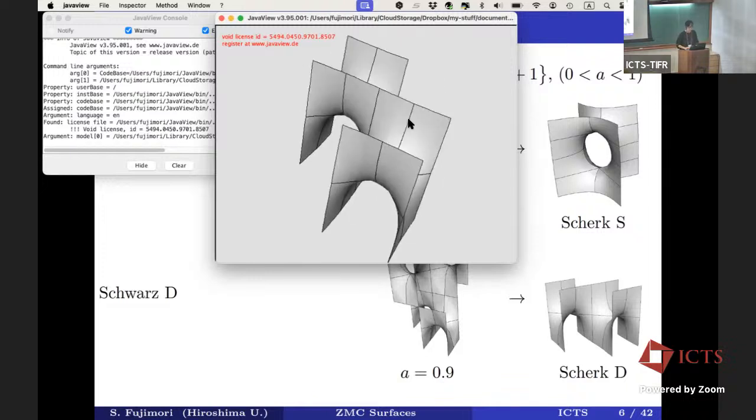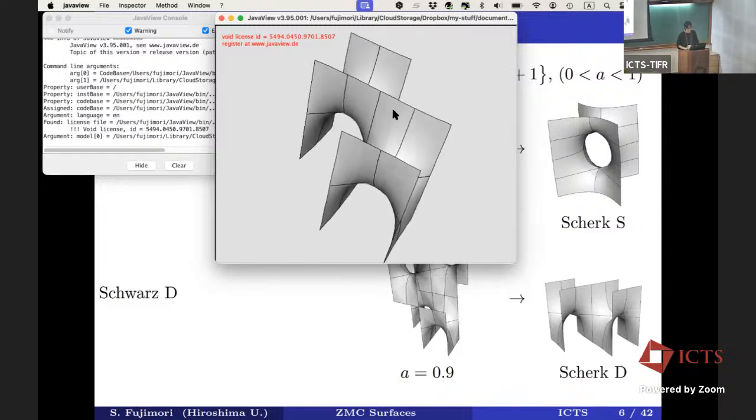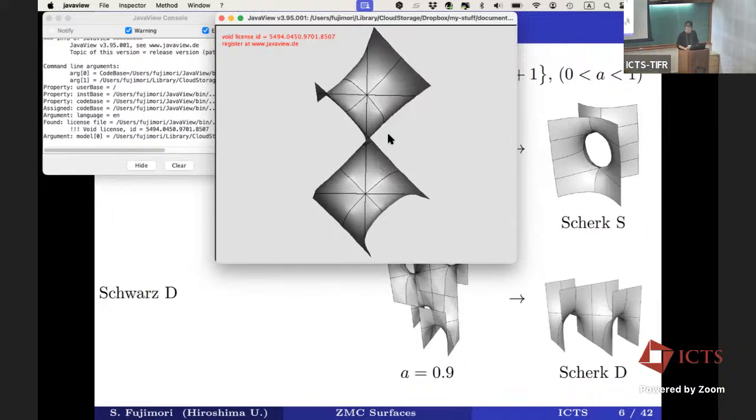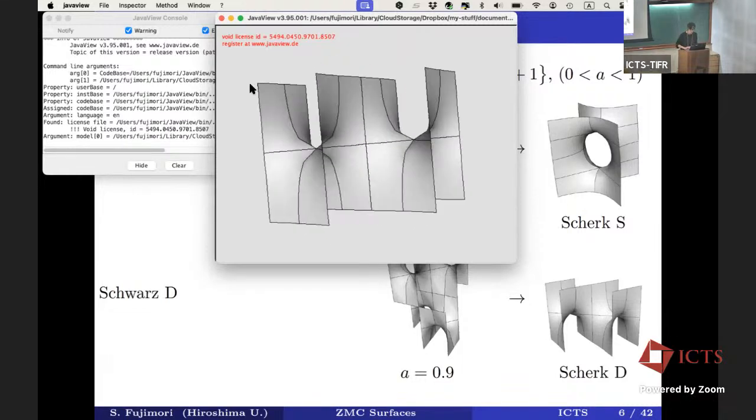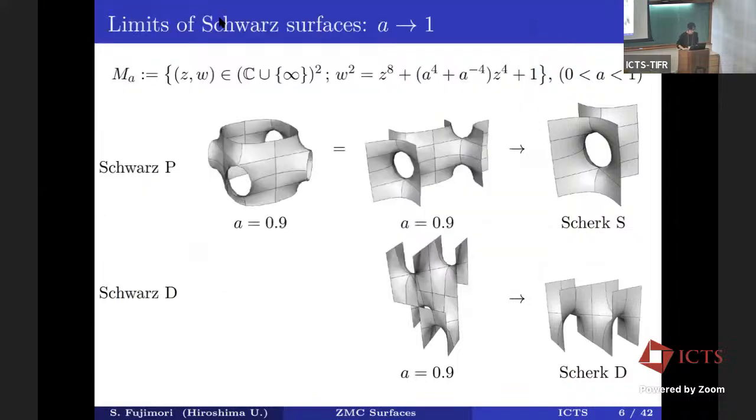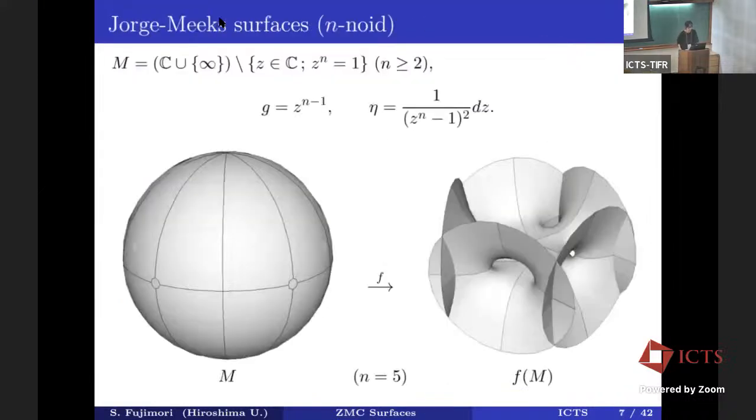Then the surface extends analytically. So we have a doubly periodic surface in the horizontal direction. But this is the end of the surface, so this can go to infinity. The bottom also ends. So we have top ends and bottom ends, and the surface is doubly periodic. So this is a limit.